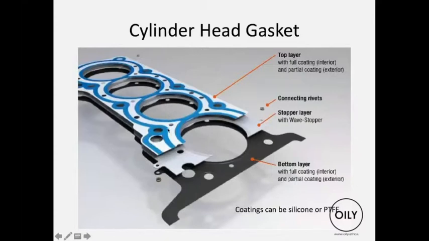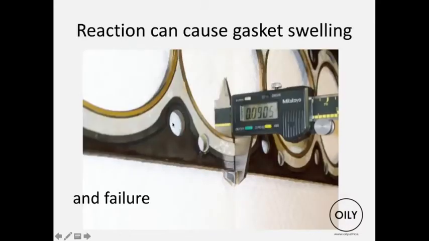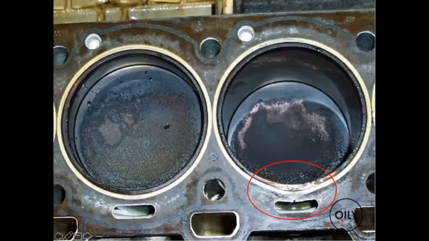Some antifreezes will react with the silicone or PTFE coating and start leaking. You can see here on the cylinder head gasket, it's reacted, taken away the thickness, and then it starts leaking. Here it was leaking, and then you have water coming in.